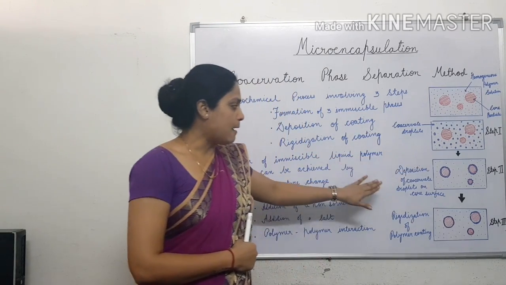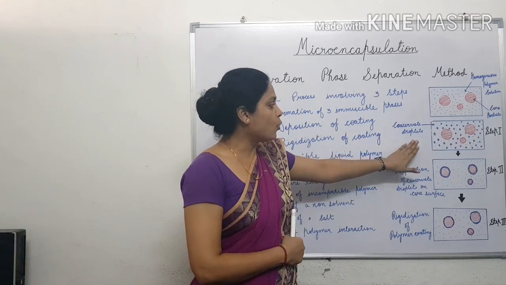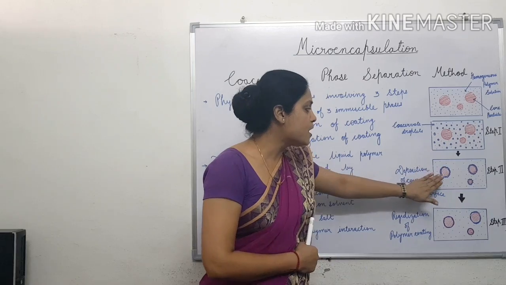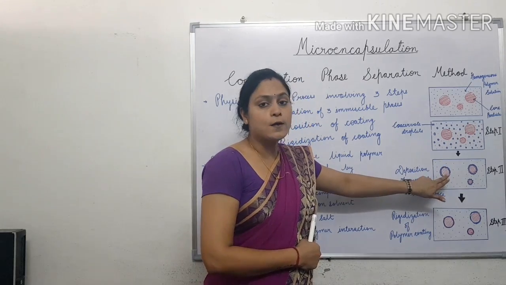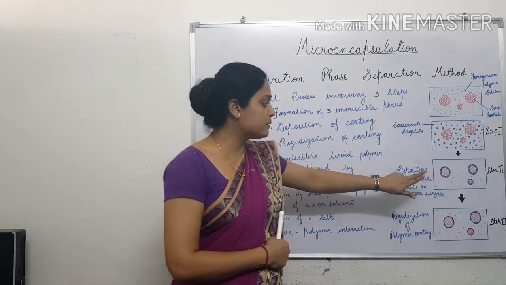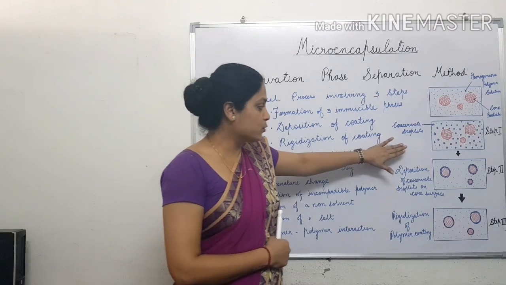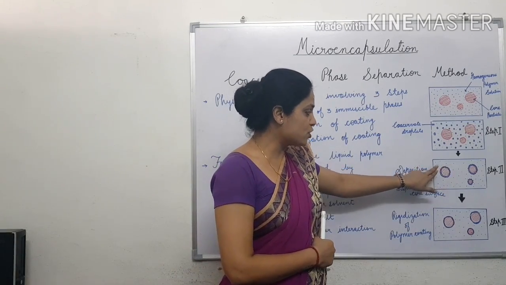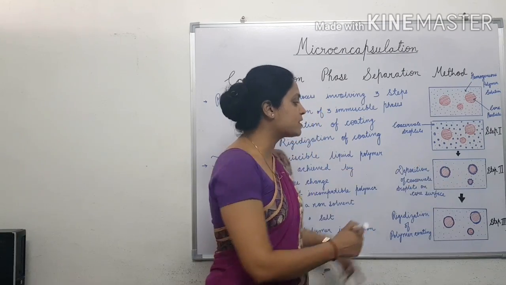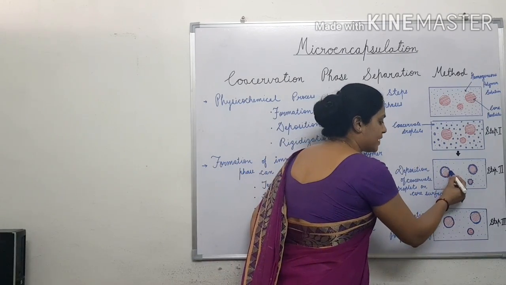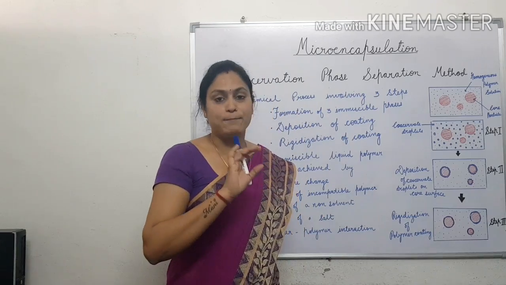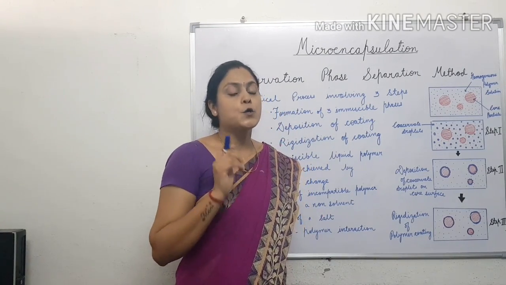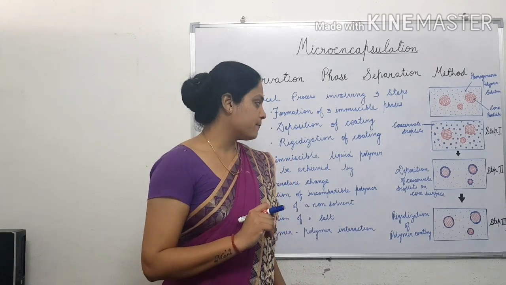Further, what happens? These formed coacervate droplets start arranging themselves over the surface of the core particle. They start adsorbing. Due to the adsorption and deposition of these coacervate droplets over the core particle surface, a membrane, a liquid coating, is formed around the core particles.